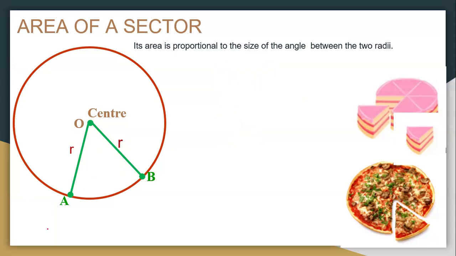Hope we are there. Now, if the angle that the radius is making here is theta, and I want to obtain the area of this small sector, I'm going to say that the area of the minor sector is going to equal the angle I have here, theta, divided by the total number of degrees in a circle, that is 360 degrees, then times, since it comes from the circle, pi r squared.